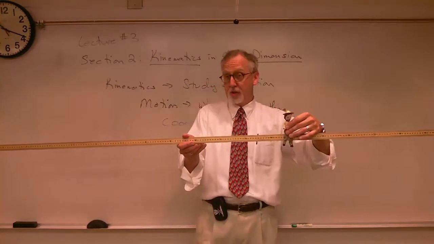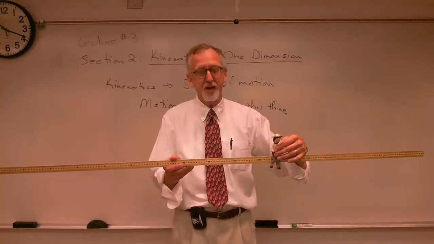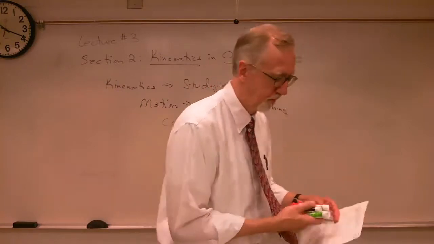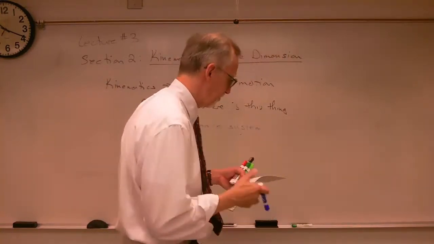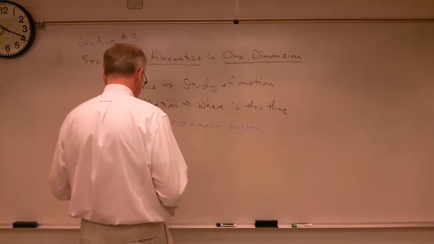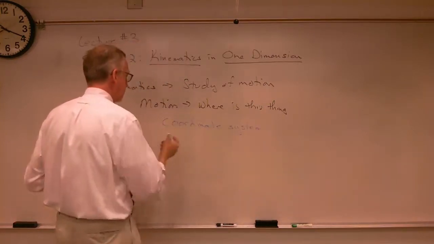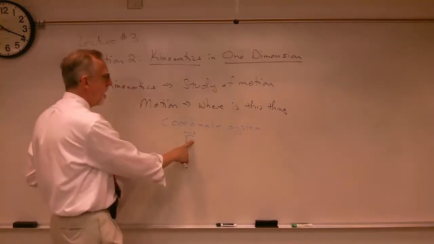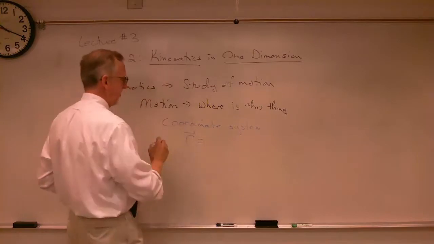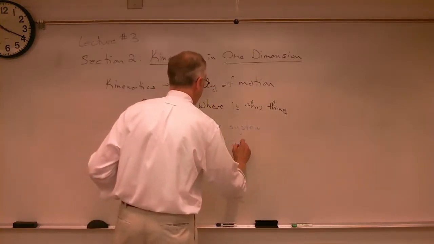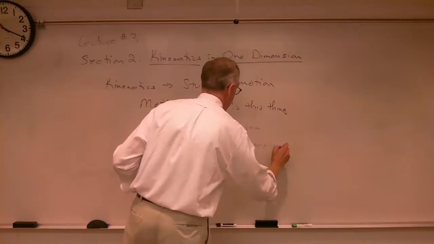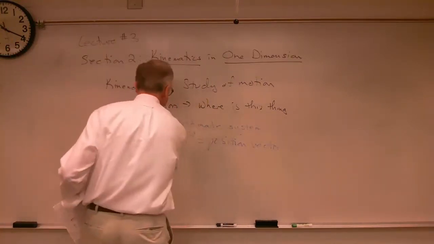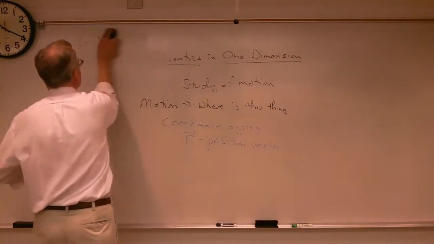So we'll describe the position that this little man has with a position vector. The symbol that we'll use for position vector will be the r vector. So this is what we will call the position vector. And we'll use that to describe the location of our object, our little man or whatever. So let's draw this out.